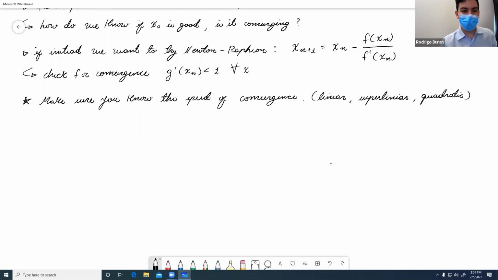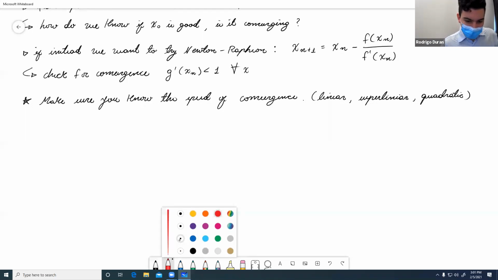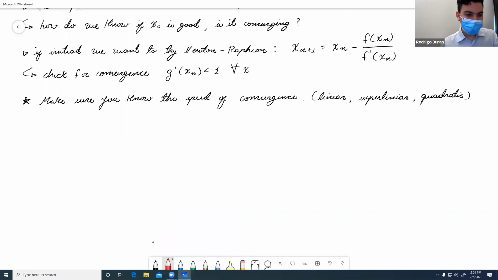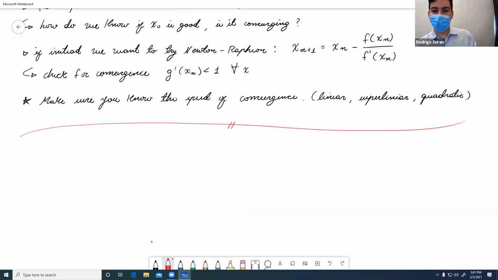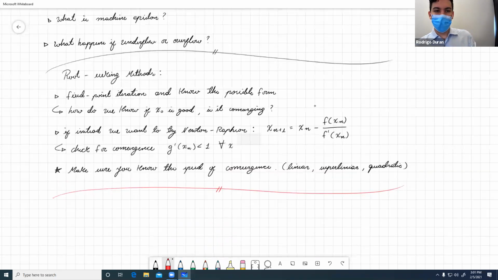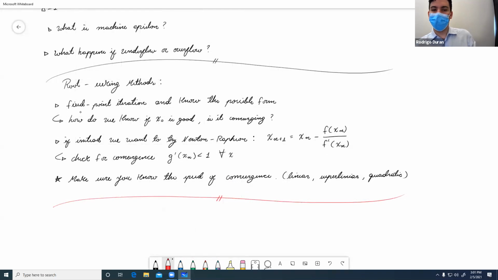And now I'm going to talk about Newton-Raphson and bisection. I have about 15 minutes, so let's draw another line here. Let's do a quick recap. We talked about the root seeking methods. Make sure you know how to do fixed point iteration. You don't actually have to perform fixed point iteration.